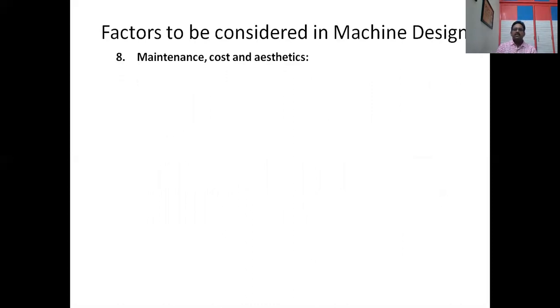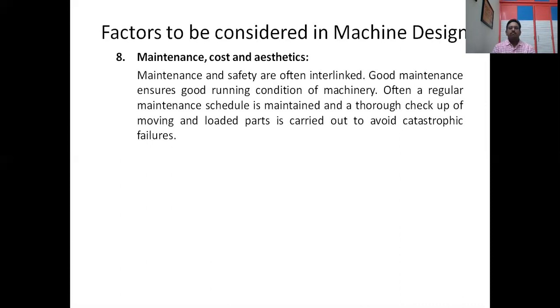Now, maintenance, cost, and aesthetics. What are these maintenance, cost, and aesthetics? Maintenance and safety are often interlinked. Yes, definitely. Good maintenance ensures good running condition of machinery.